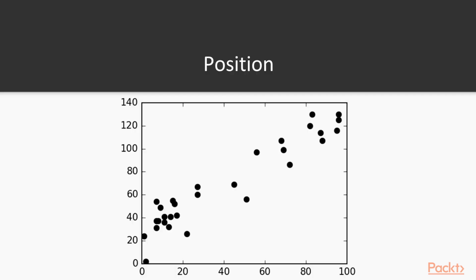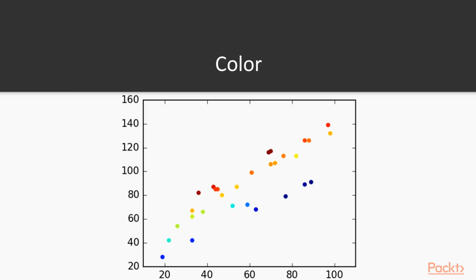So for a simple set of data, a pair of points, x versus y, something like a simple scatter plot here can use the position data to characterize that x and y data. We can move to adding a third dimension in color, visualizing 3 different dimensions of data. In this case, x, y, and z, where the z coordinate is represented not by where the point is, but by what color it has.